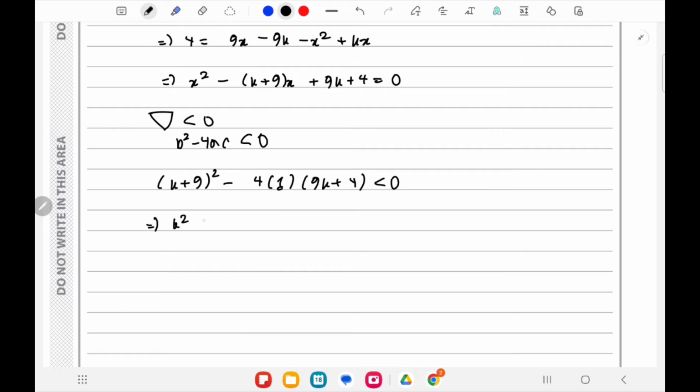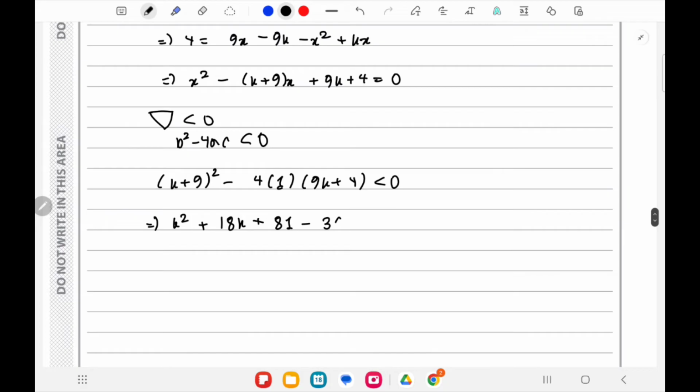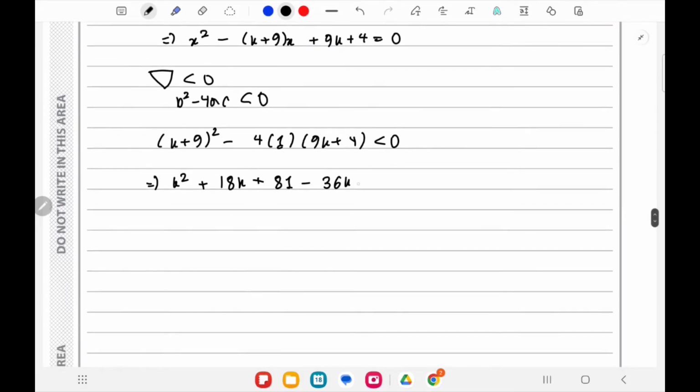So you'll have k square plus 2 into k into 9, so 18k, then you have plus 81. Then you have minus 4 into 9, so minus 36k, minus 16 less than 0.